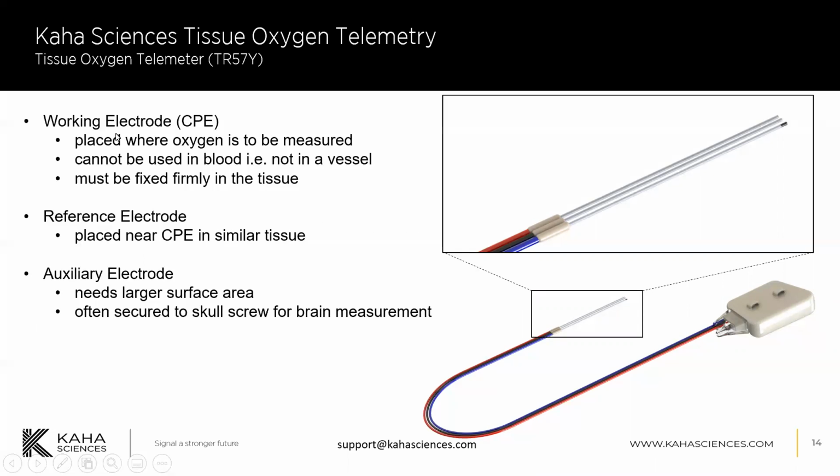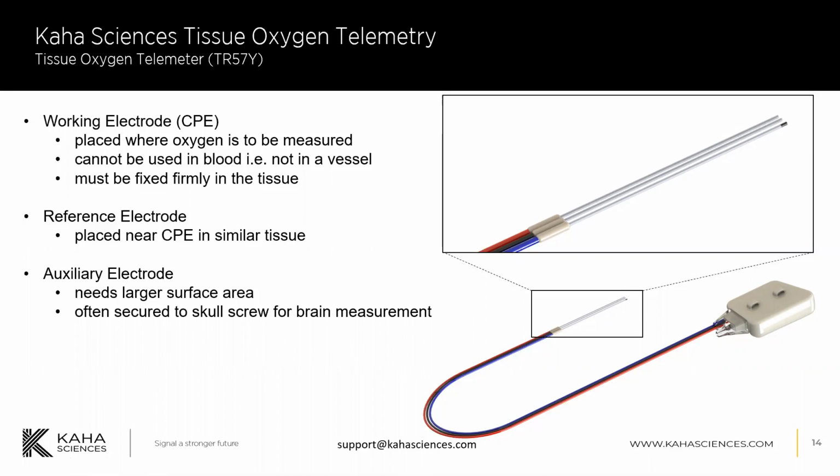The working electrode, the carbon-paste electrode, obviously needs to be placed where you want to measure the oxygen. It can't be used in blood, so we don't place it in a vessel, but it can be used in things such as the brain or in the kidney. We do need to make sure that we fix the placement of those electrodes firmly in the tissue to stop them moving and causing noise on your signal.